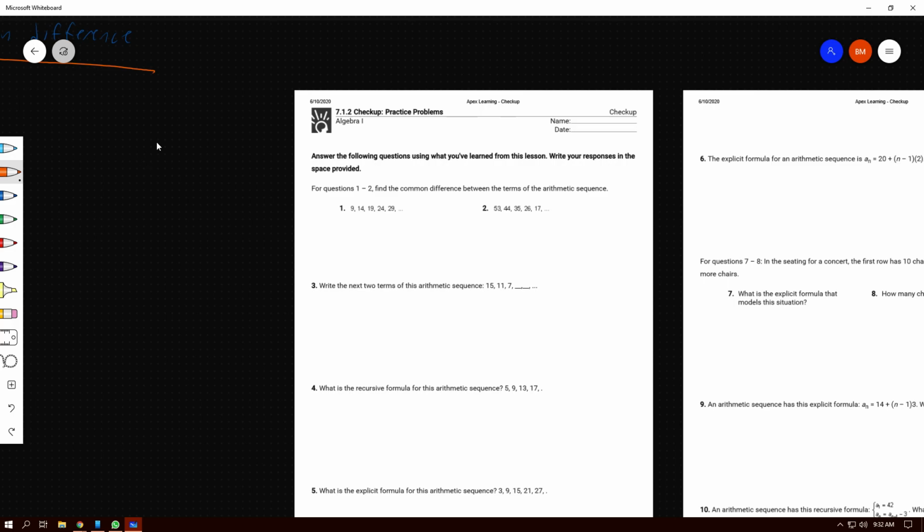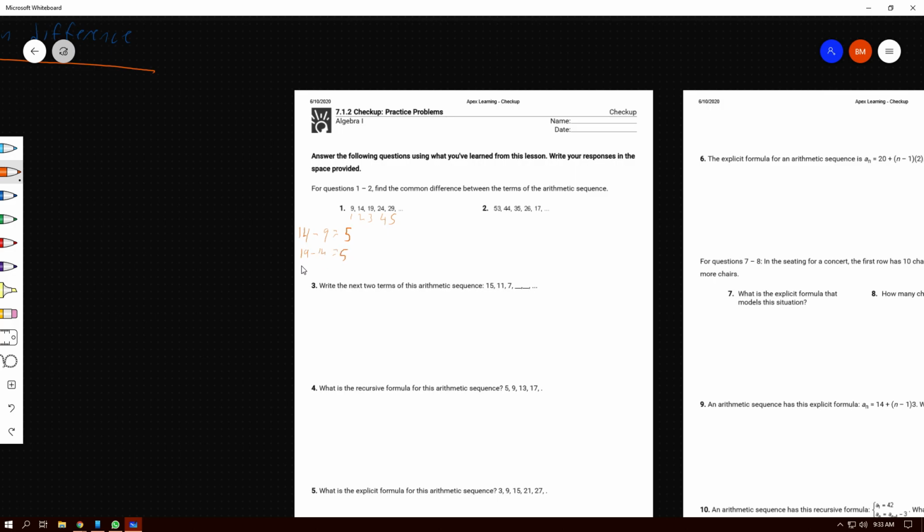Find the common difference between terms. What I have is 1, 2, 3, 4, and 5, so I have 5 terms. I'm going to do 2 minus 1, and that's 5. I'm going to do 3 minus 2, and that's 5.